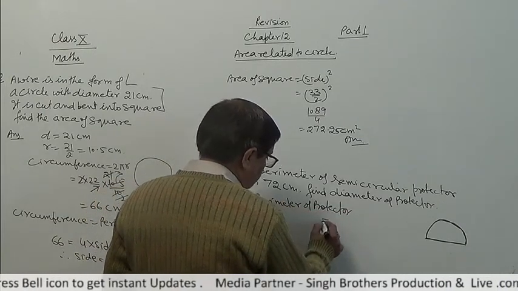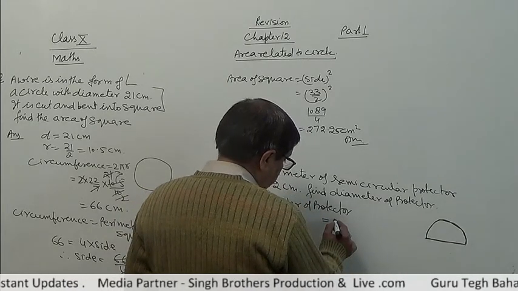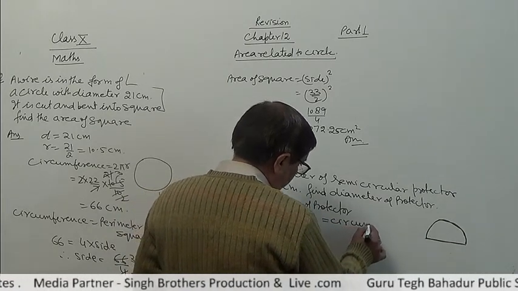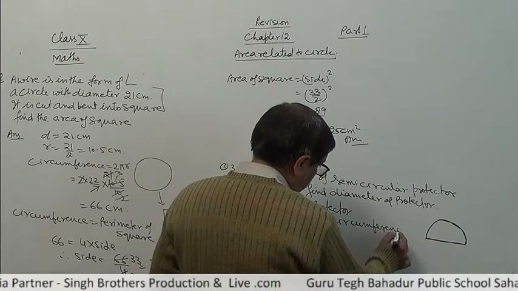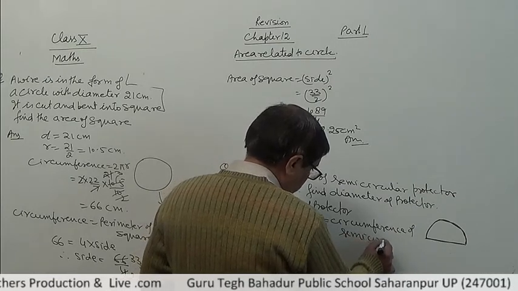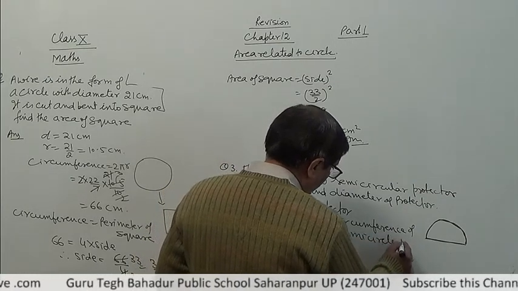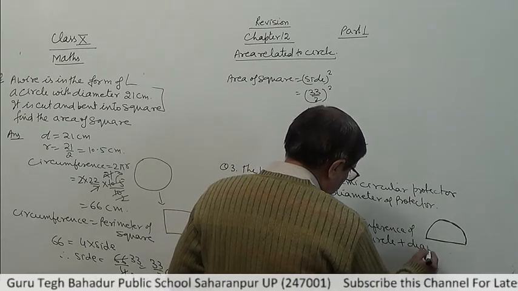So perimeter of protector is equal to circumference of semicircle plus diameter.